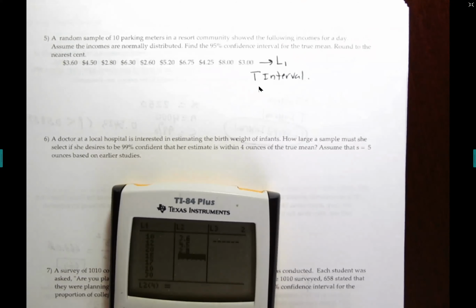You can do it at the same time with me. 2.6, 5.2, 6.75, 4.25, $8, and finally $3. So I got the data, guys.